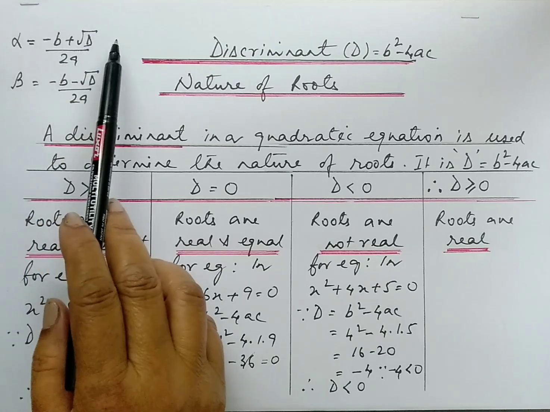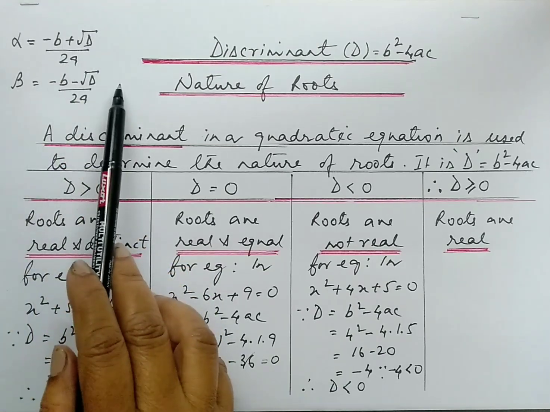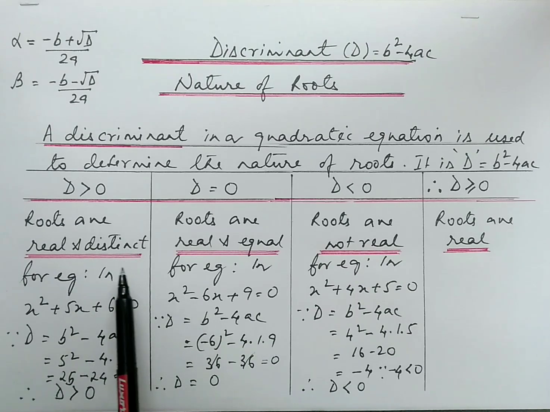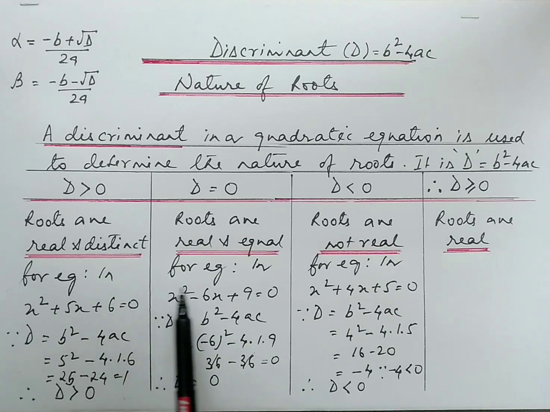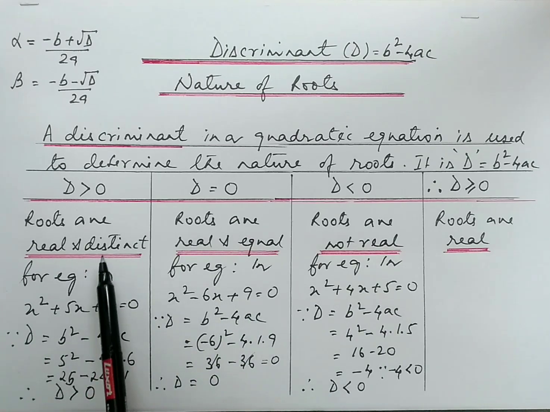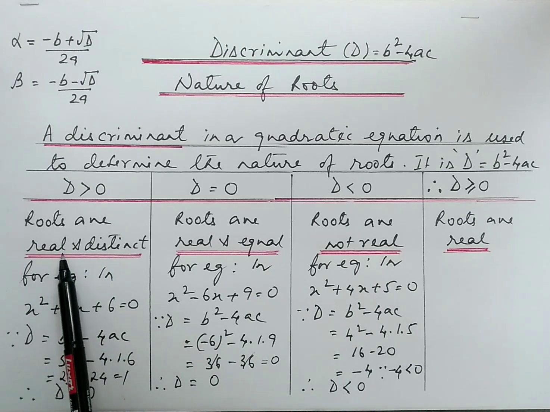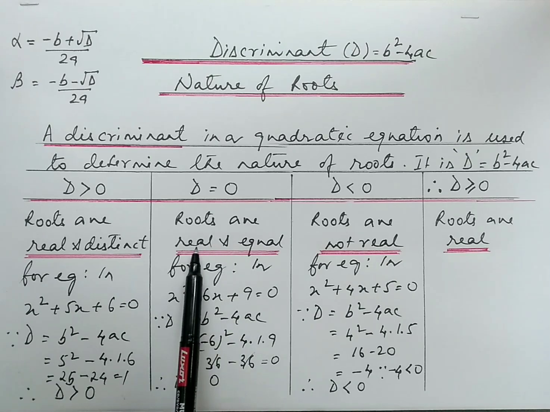If alpha was minus 5 and beta was say 3, I would still call them distinct, non-repeating. So there are various ways of calling them, correct? Now you know two things: roots will be real when D will be greater than 0 or D will be equal to 0.